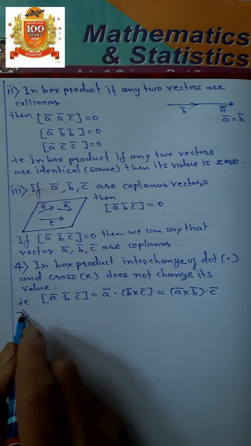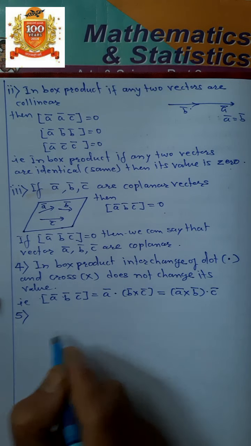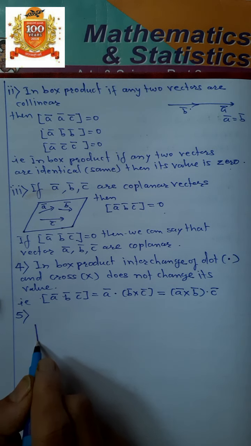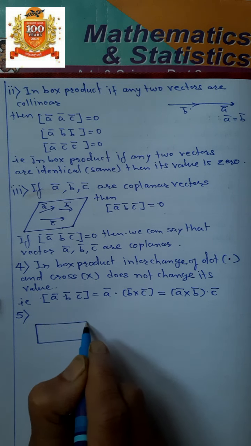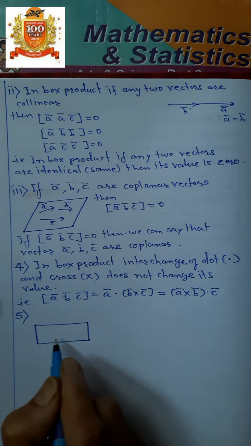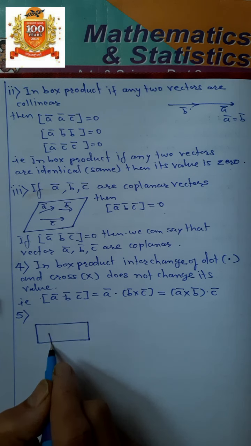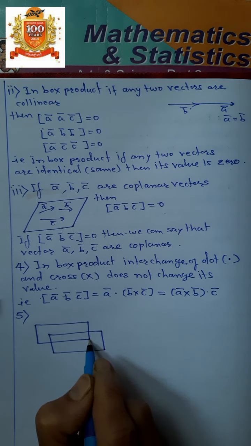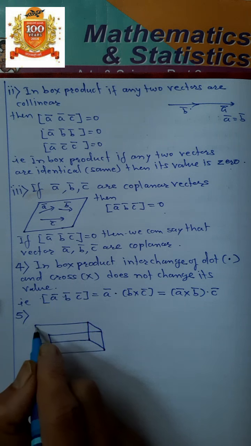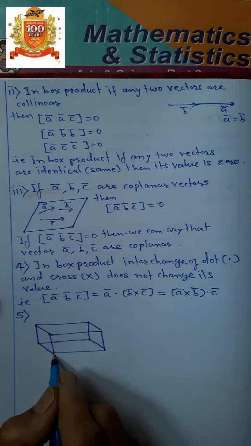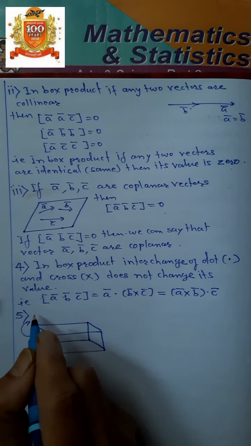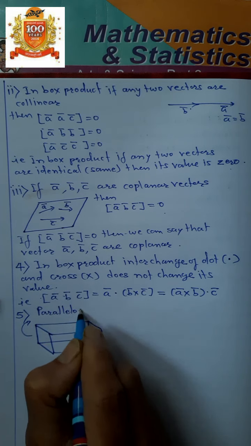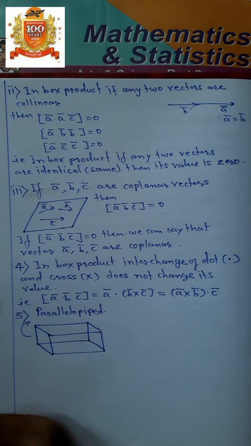The next important point is fifth. This is a parallelepiped.